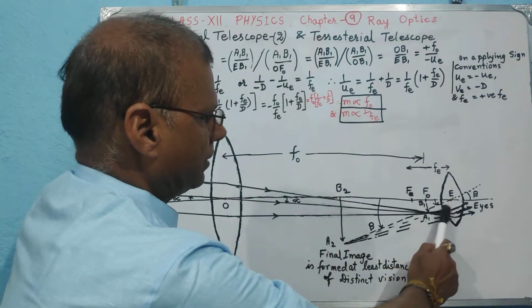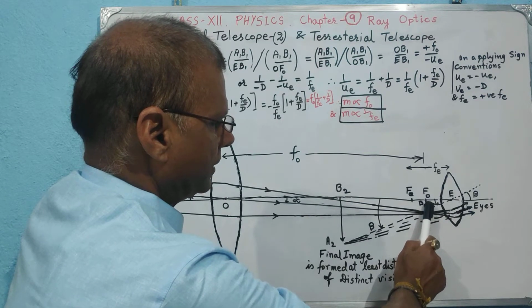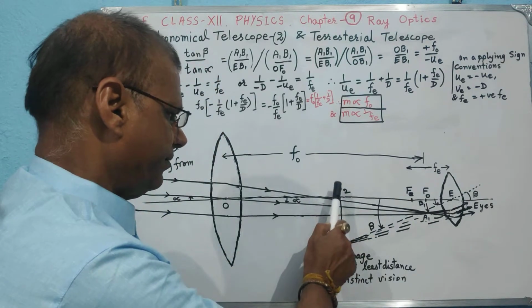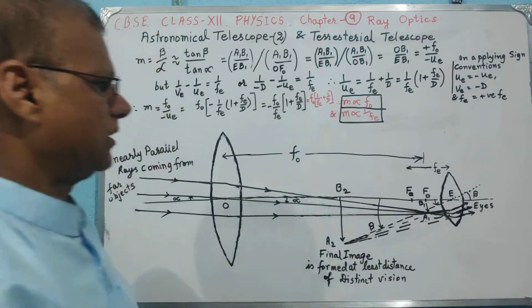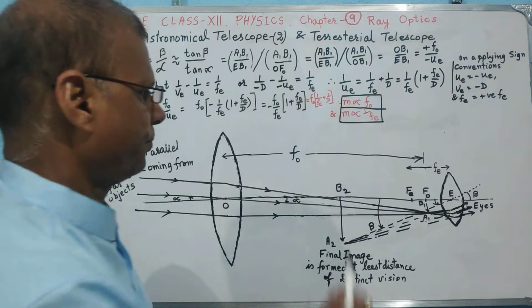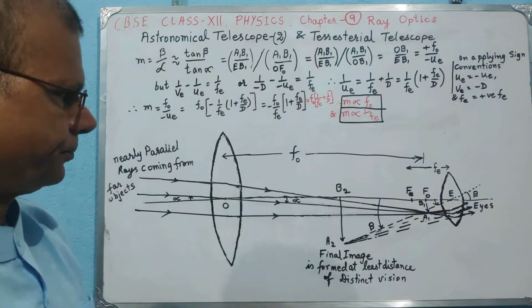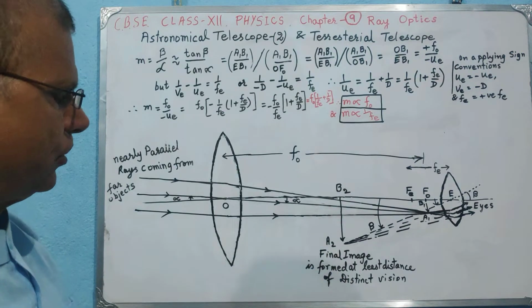The distance of this object image A1B1 from the eyepiece is so adjusted that the final image A2B2 is formed at the least distance of distinct vision, meaning distance B2E is equal to D. Once this is done, our job is over.